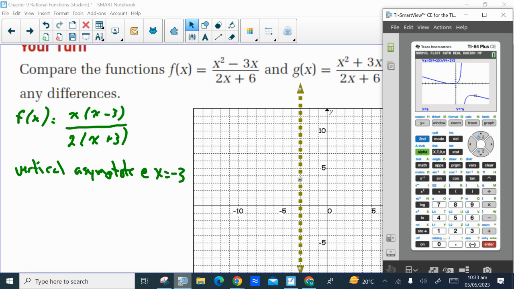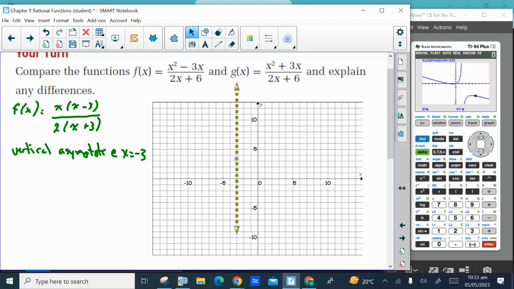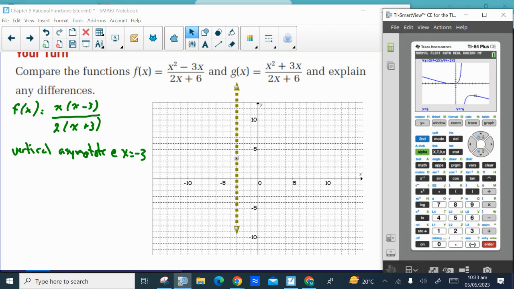We will use our graphing calculator again to help us get some points for this graph. So the numerator is x squared minus 3x, denominator is 2x plus 6.